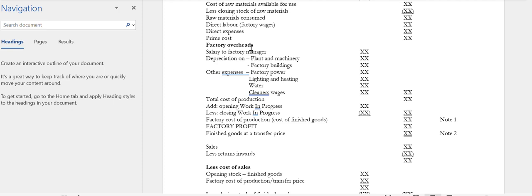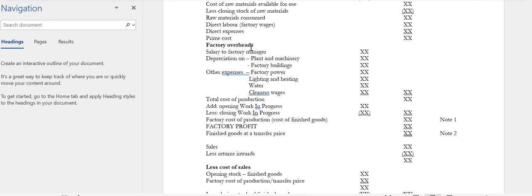So I want you to notice that in the manufacturing account, we are dealing with raw materials. So there is nowhere in the manufacturing account whereby you are going to have finished goods. So we normally have 3 types of inventory or stock.